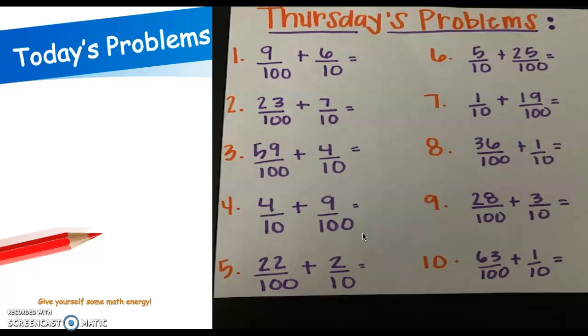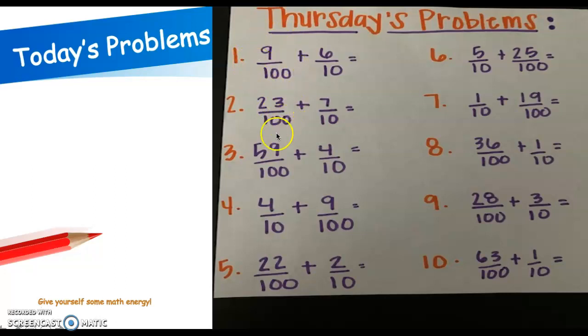All you have to do is focus in on the ones that start with 10. The ones that have the denominator 10. Focus on those first, and as you can see, I'm trying to point them out for you. Then you'll go ahead and do your next step of multiplying these problems as I'm pointing them out, and then you'll get your answer, and then you'll add them to your fraction that has 100.